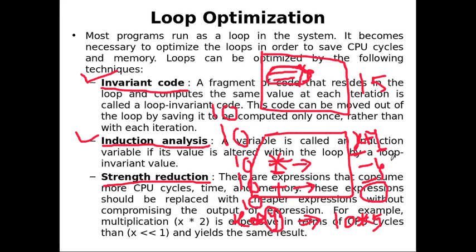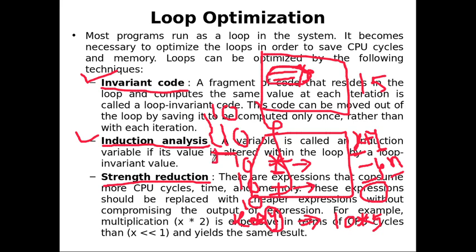Nothing but how many times the operations you perform. For x plus y, your operations may be n, or your clock cycles may be n. How many clock cycles are you spending? And when you are doing addition, we know we have the full adder and half adder. A full adder works for only 3 inputs, so one full adder is required for these two, and we get a partial result.